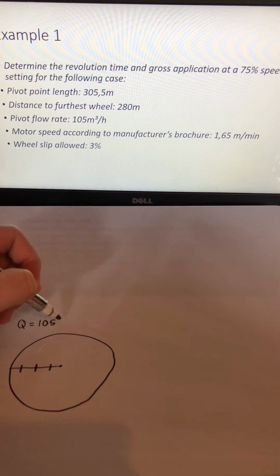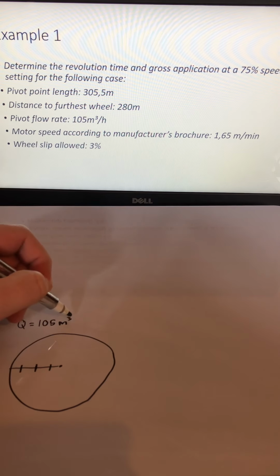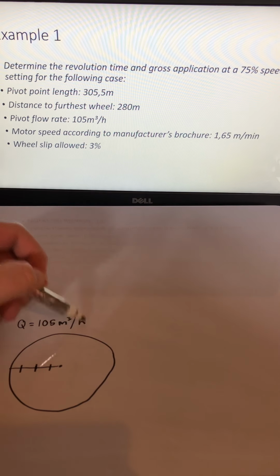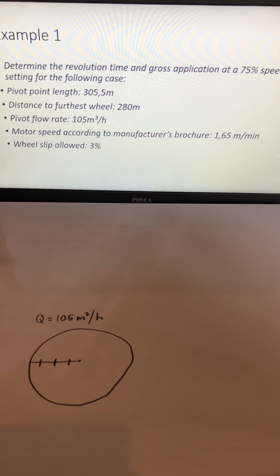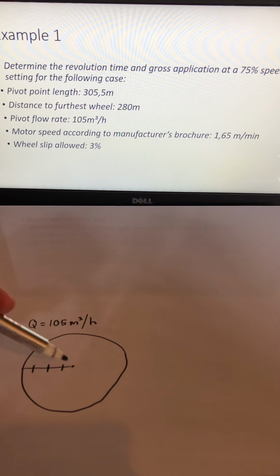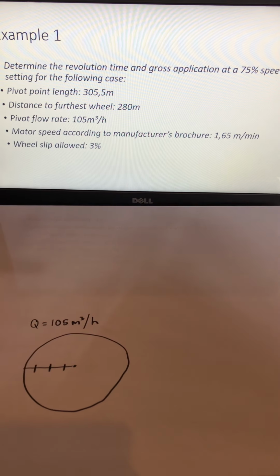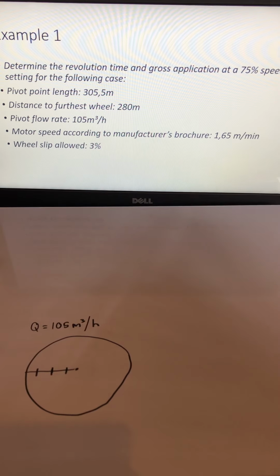And then motor speed, according to the manufacturer's brochure, is 1.65 meters per minute. So that's an indication of how quickly this thing is moving in circles. And then the wheel slip for the wheels is 3%.